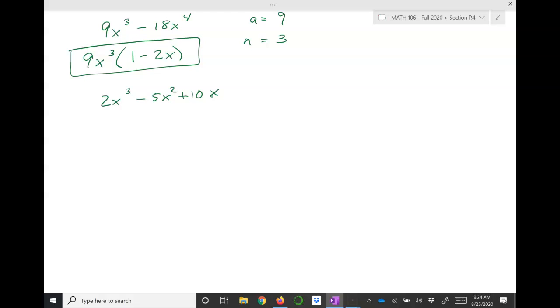So I'm going to go backwards through this and do reverse FOIL, right? That's the process of figuring out how to go from this back to a product of 2 binomials. But in this case, you're first going to want to look for a GCF, right?